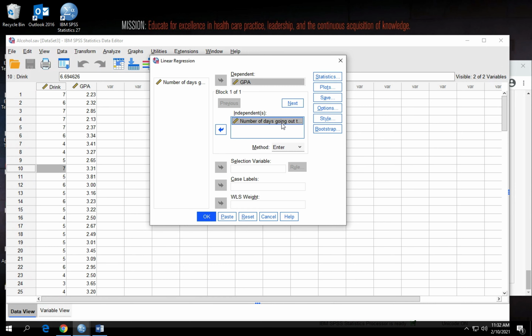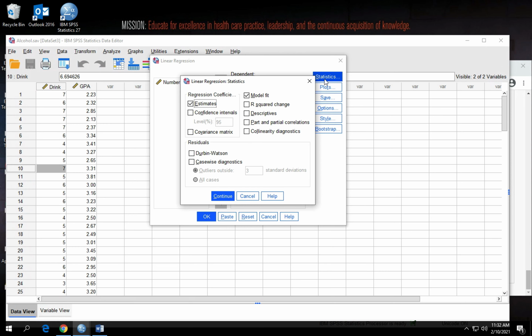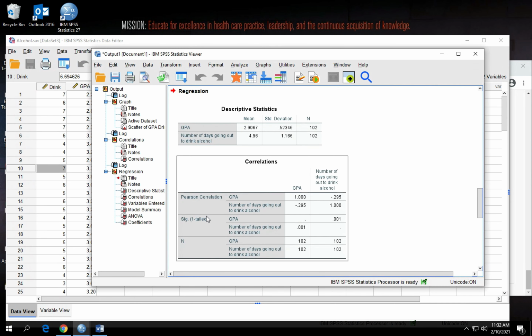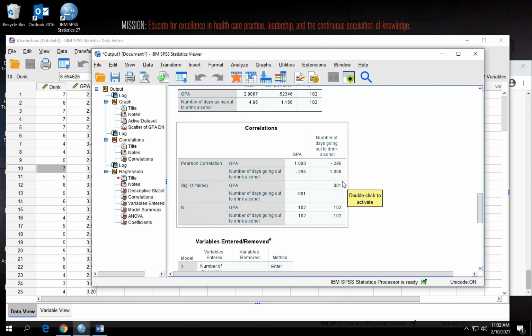You can look at the statistics if you want to see these, but for now, I'm just going to check the descriptives one and hit OK. This gives us our descriptive statistics, which tells us our averages. Then we're going to look at the correlations.